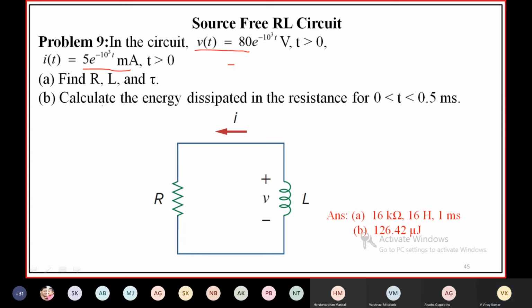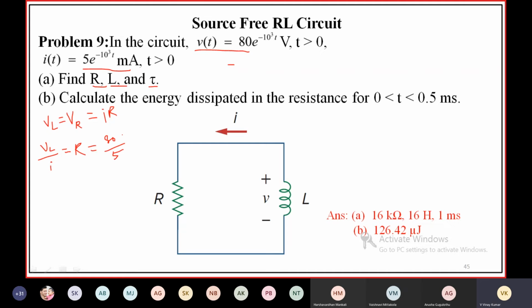We have to find the values of R, L, and tau. You know the voltage across the inductor is equal to the voltage across the resistance, which is equal to I into R. Simply, VL by I gives R.